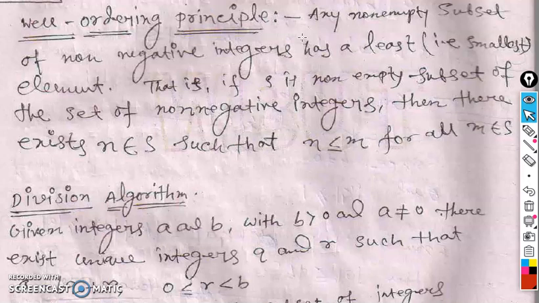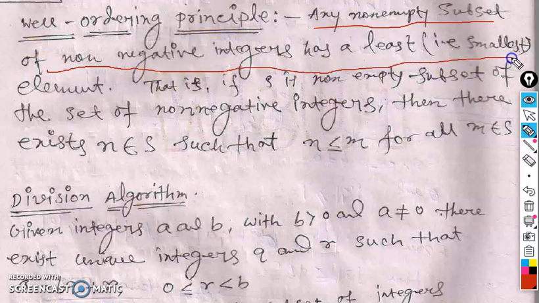So we start with the well ordering principle. It is given in any book, so you can follow any book. Any non-empty subset of the non-negative integers has a least, that is, smallest element.